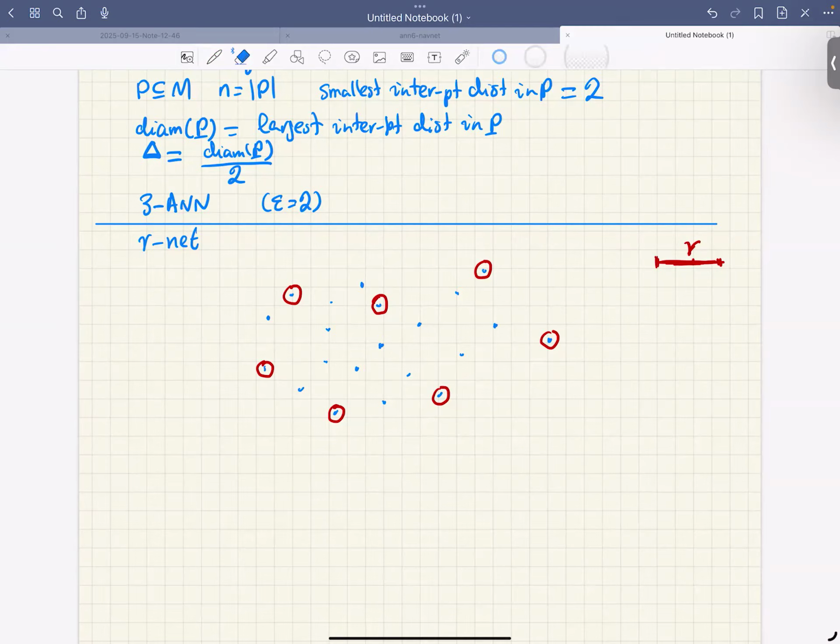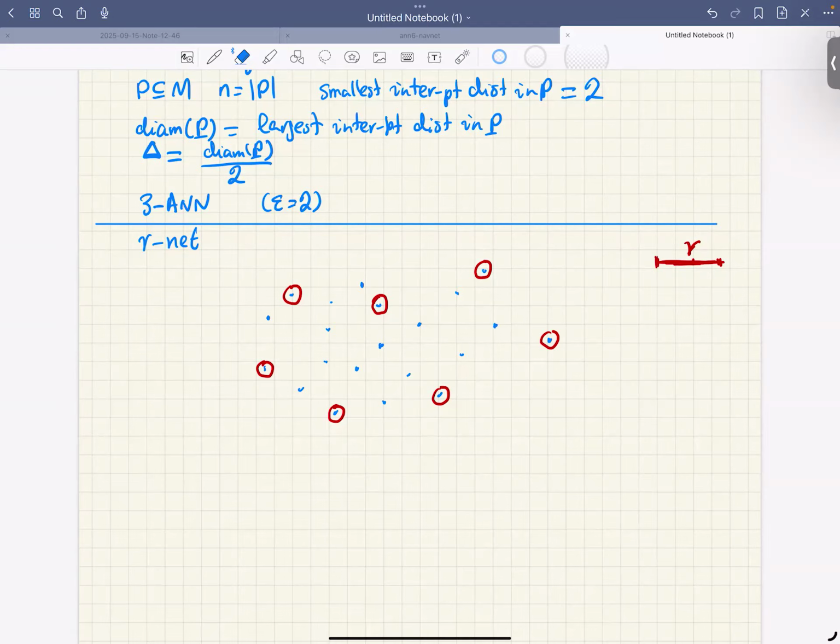The points that I have selected have a very important property. Every point that I have not selected is within distance R to at least one point that I have already selected. You see what I'm saying?